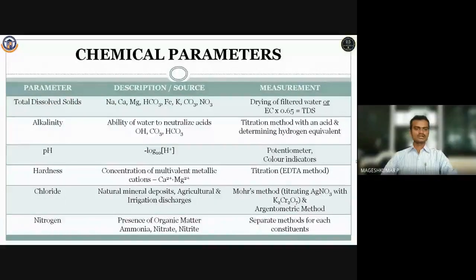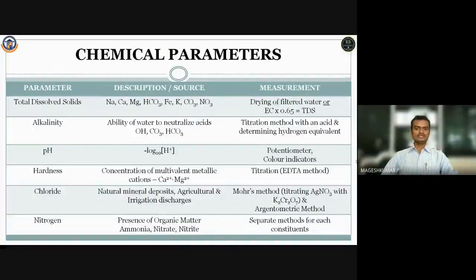And hardness, there are two types of hardness, temporary and permanent. It is the concentration of multivalent metallic cations. Presence of metallic cations gives you the hardness, and the EDTA titration method is normally used for the measurement of hardness. Next parameter is chloride.